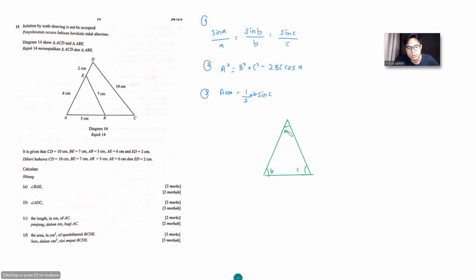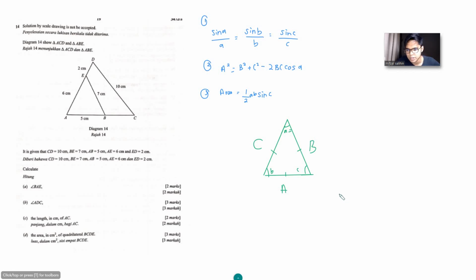Usually opposite the angle is the length, meaning that opposite of angle a, this length over here is capital A. Likewise, this is the angle B, so opposite of the angle B is the length of B, so we'll denote it with capital letter B. Likewise for C, the length of capital C is opposite of the angle, so it's over here. We'll represent it as uppercase C. So these are the important formulas that we need to know inside solution of triangles.